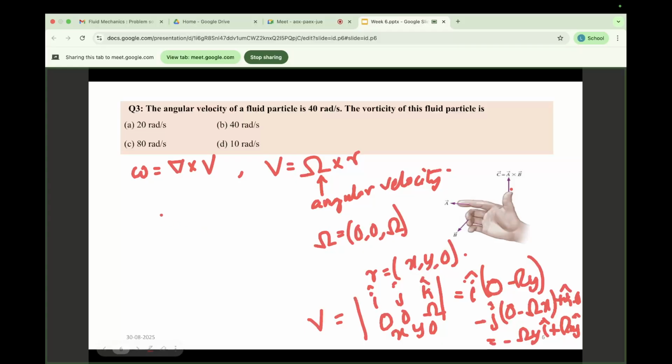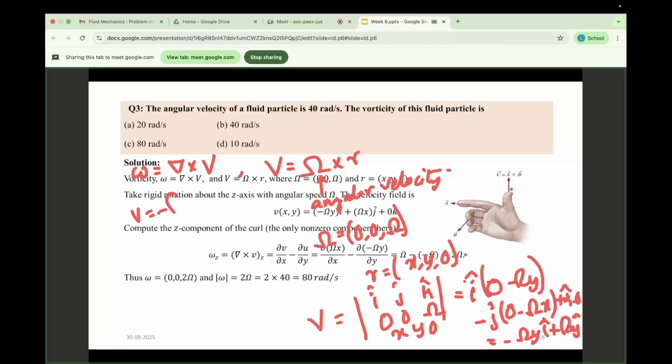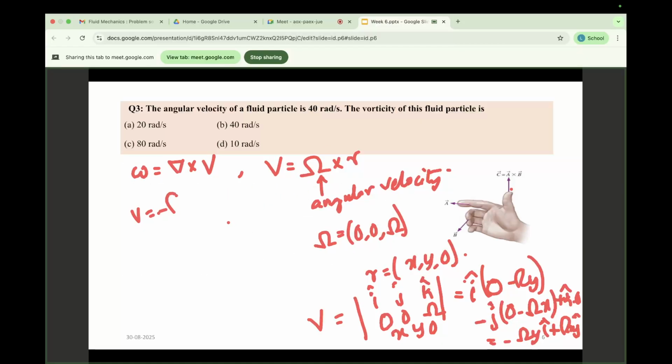That one is the vector, right? So I got this velocity v as minus omega y i cap plus omega x j cap, right? That is the thing I have got.